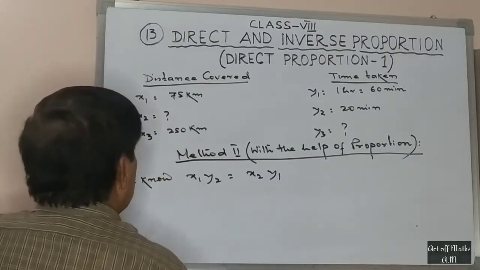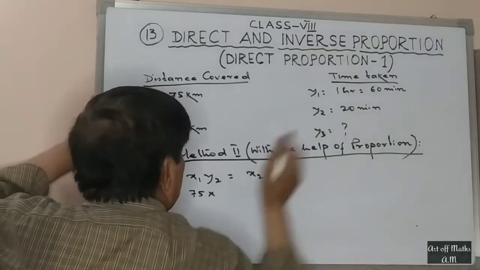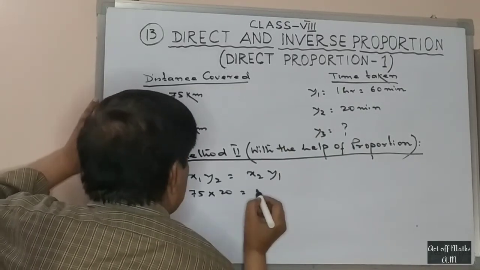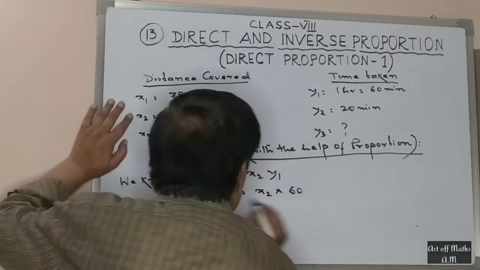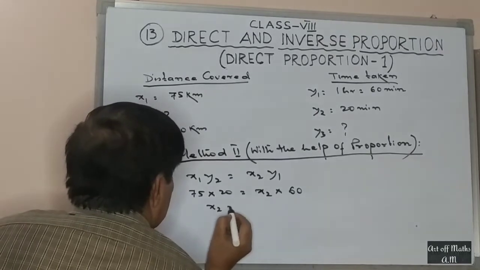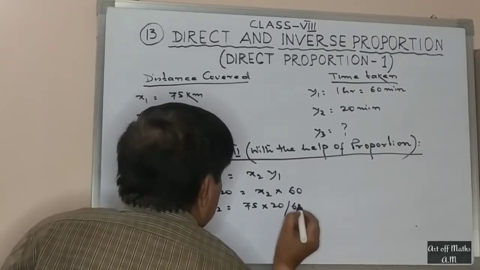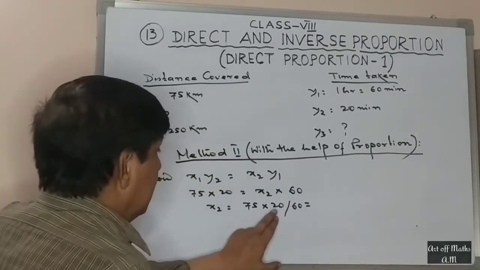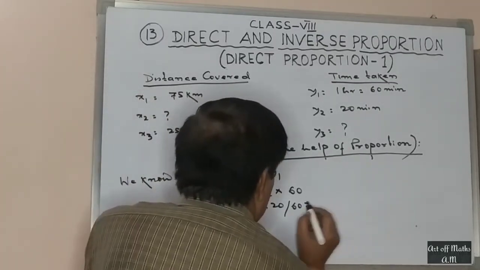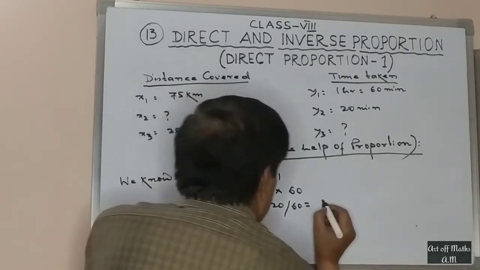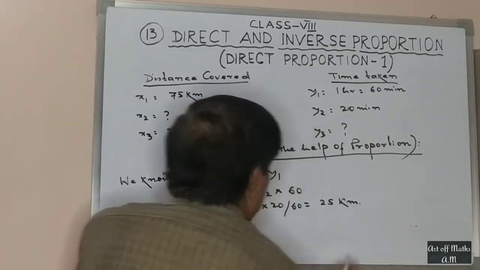What is x1? 75 into y2, 20, equal to x2 into y1, 60 minutes. That means x2 equal to 75 into 20 divided by 60, that is 3. 75 divided by 3, that is 25 kilometer.